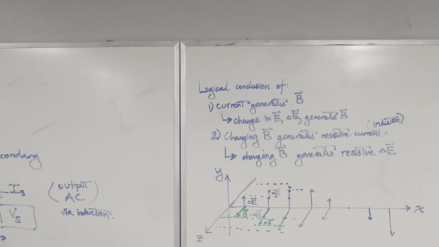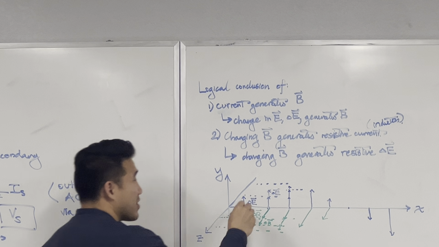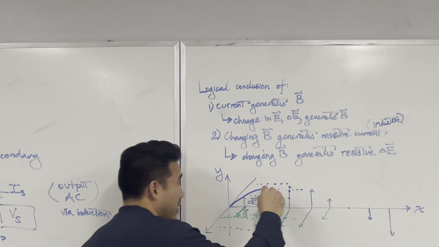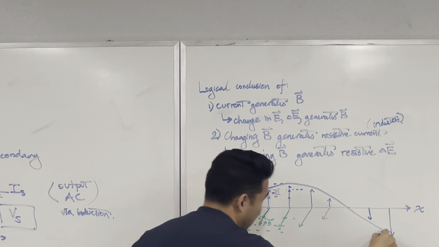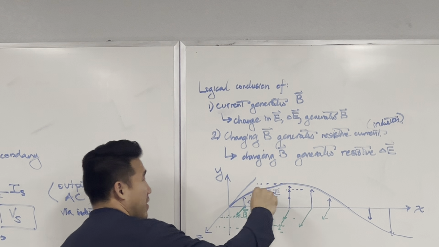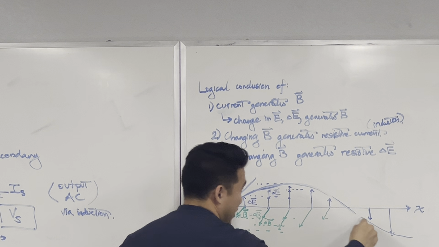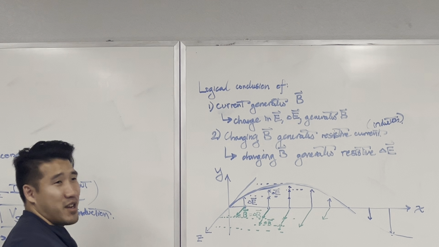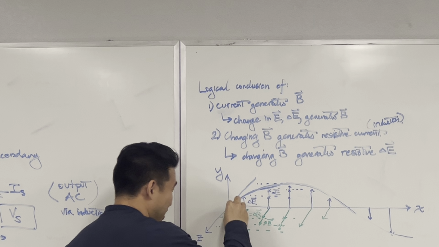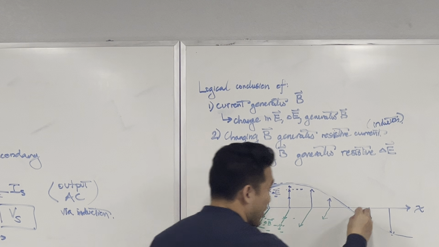So if we connect everything, just connect the endpoints, what is it going to look like? What's the shape of this? It's a sine wave. And what is the shape of this? Oh, I forgot to draw here.